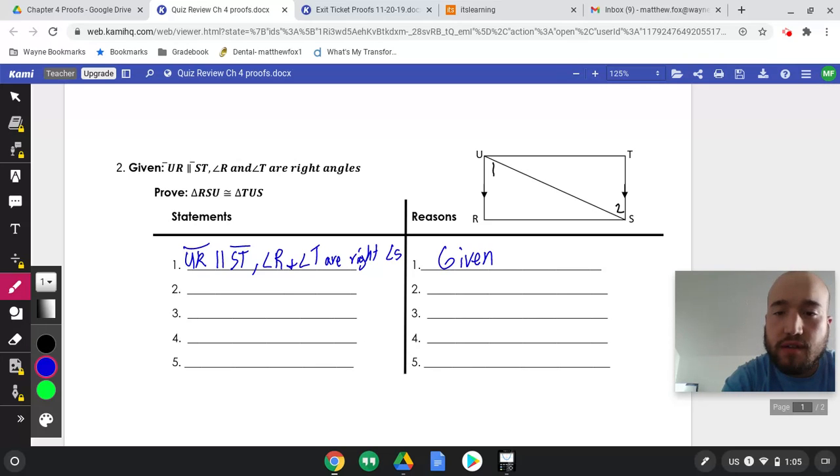So angle R right here, angle T, I'm going to put those marks in. Now, I showed that those are both right angles. It has a spot for us here. I'm just going to tell us angle R is congruent to angle T. Some of you might have left that out, and if so, it's not the end of the world, but to be a little more proper, we want to say they're congruent to each other, and the reason is just our definition of right angles. We know all right angles are 90 degrees.